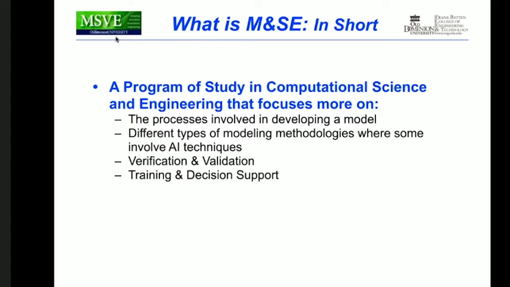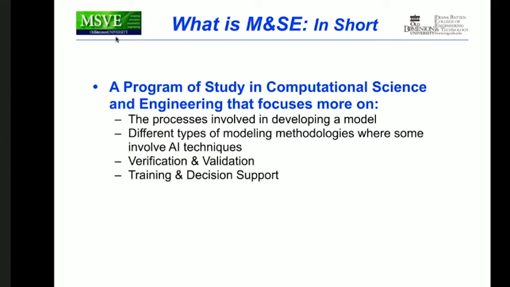So we offer programs in M&S, or modeling and simulation, from the engineering college. That's why this is modeling and simulation engineering, or MSE. It's essentially a program of study in computational science and engineering that focuses on the modeling and simulation techniques that drive towards training and decision support.